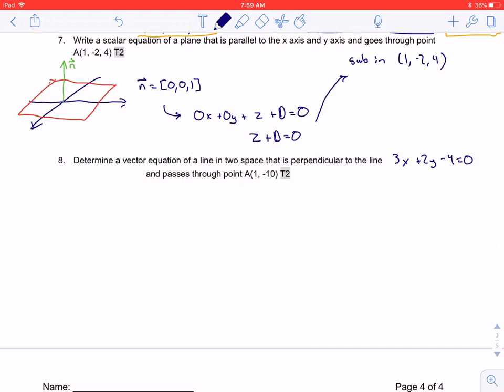We get 4 plus d equals 0, so d is equal to negative 4. Then z minus 4 equals 0 is the equation for our plane.